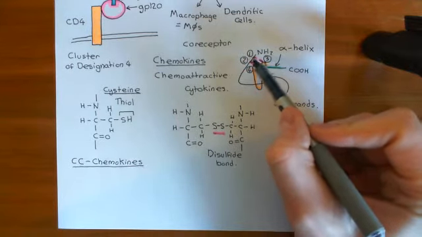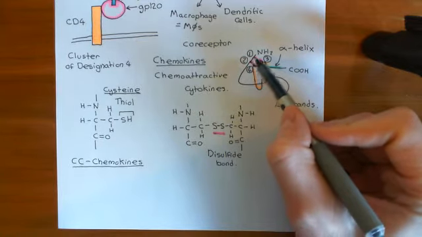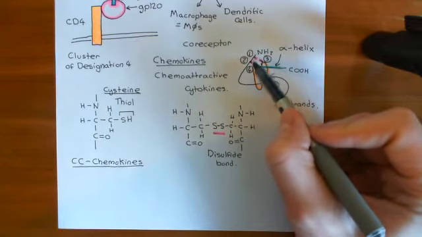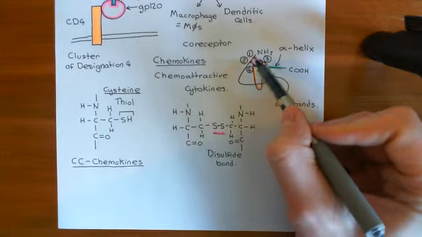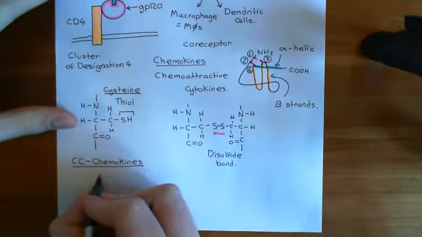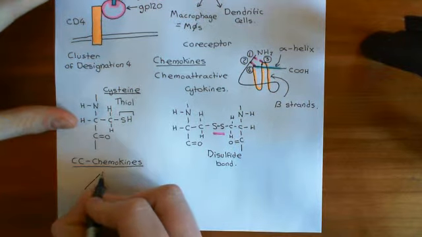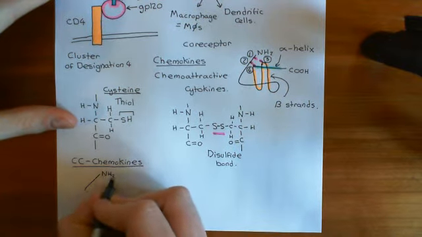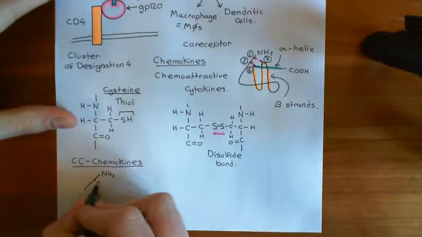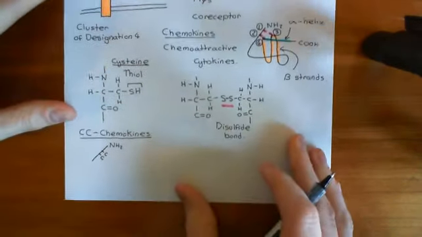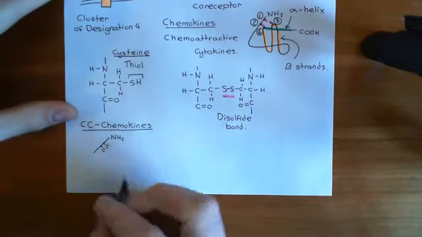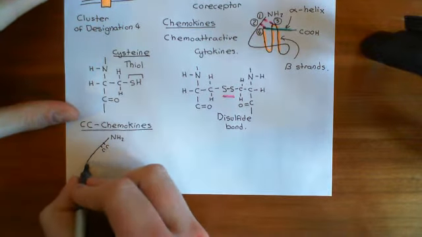And basically, in the CC chemokine family, the two cysteines, cysteine 1 and cysteine 2, are absolutely next to each other. So if I draw this structure out again, you'll have the amino group here, and then at some point you have cysteine 1, and then immediately following it you have cysteine 2, and C is the single letter amino acid code for cysteine, which is why I'm using it there.